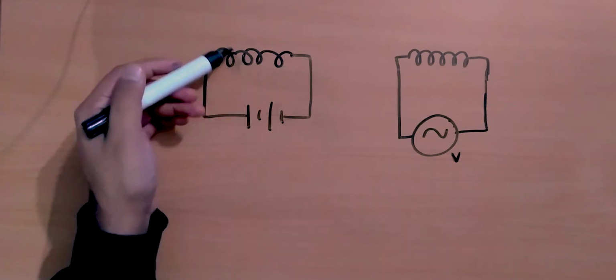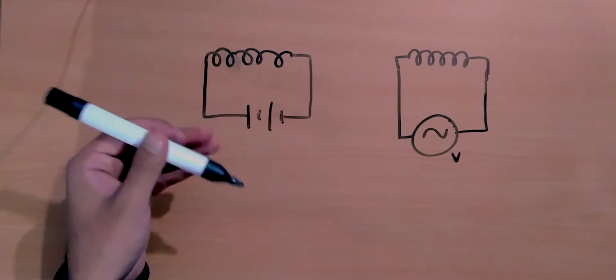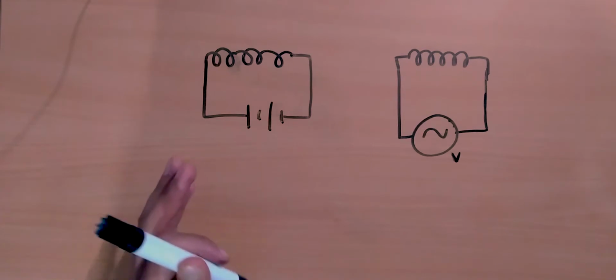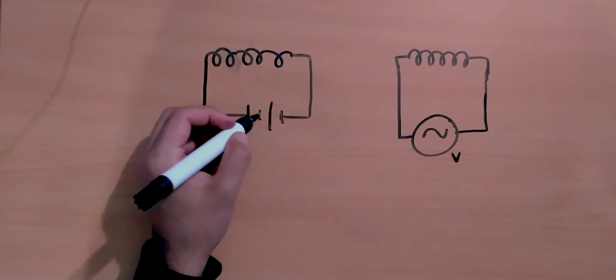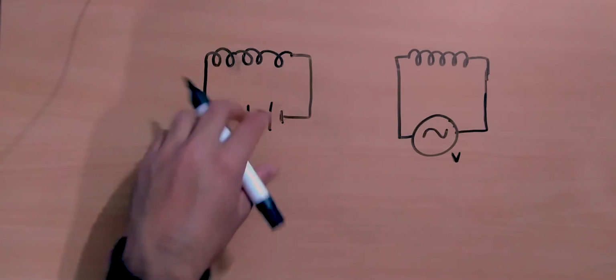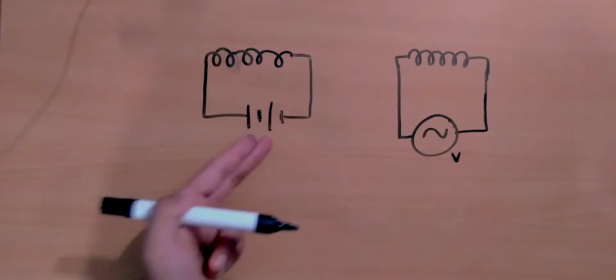So to keep the back EMF equal to the source voltage, the rate of change of current through the whole circuit has to be not too high, and it has to be at a decent level, so that the back EMF generated due to that rate of change of current is equal to the source voltage.